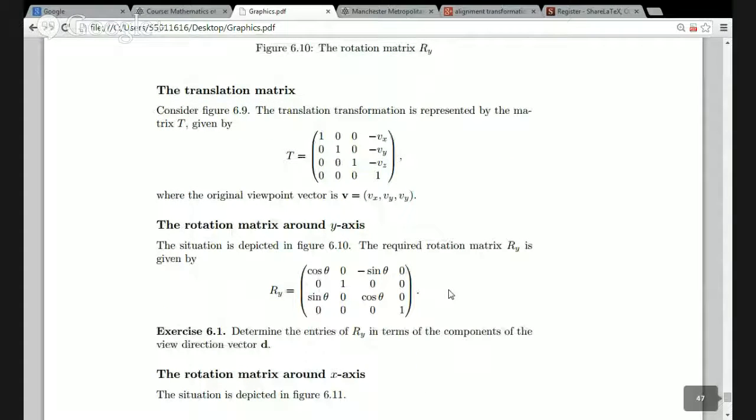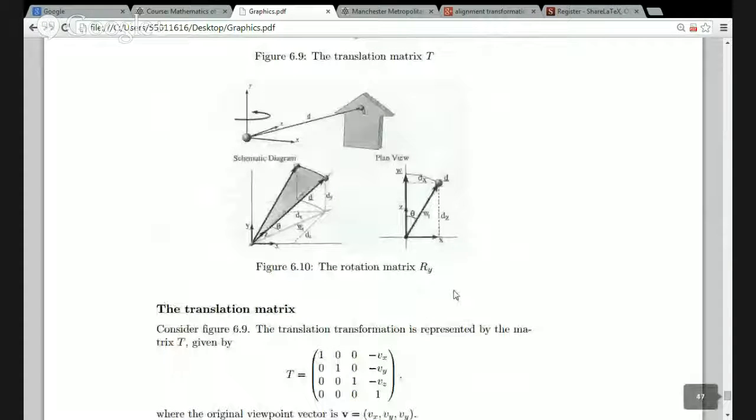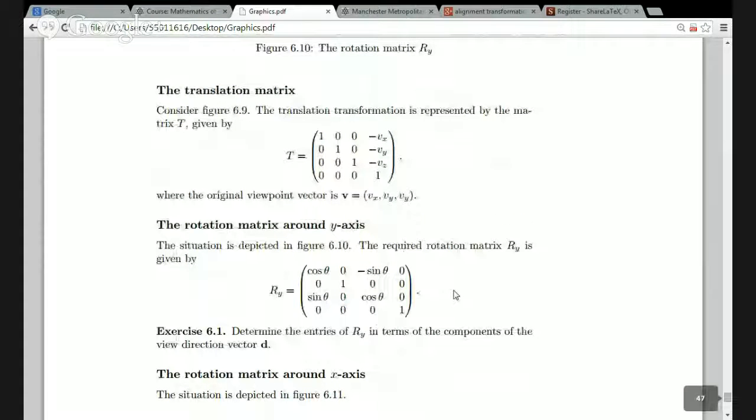Then we need to rotate around the y-axis, and the picture for that is shown up there. Now, rotation about the y-axis, from what we've done before, is a rotation by an angle theta, anti-clockwise when viewed from a point on the positive y-axis.